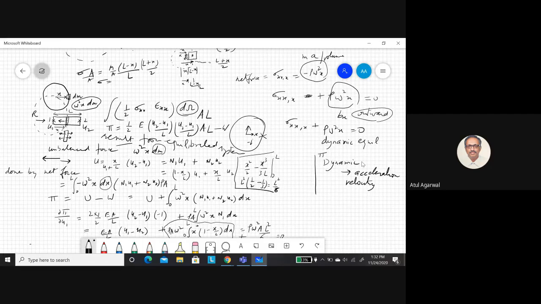In this case, what we have assumed is that the body has an angular velocity omega. So every particle has the velocity corresponding to this angular velocity omega. So there is no generation of velocity. So we are kind of taking it as an equilibrated state.